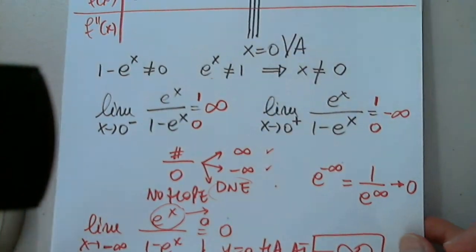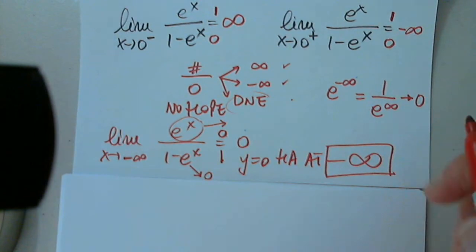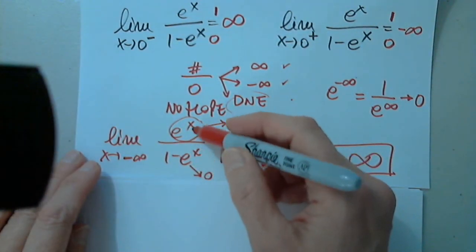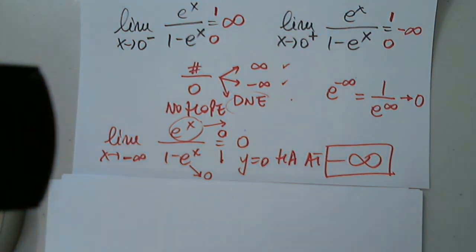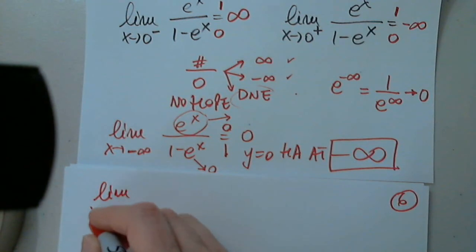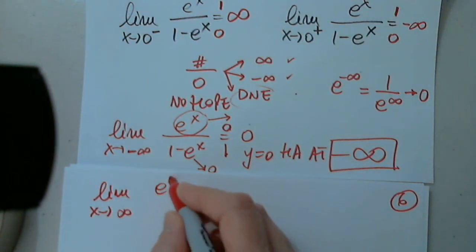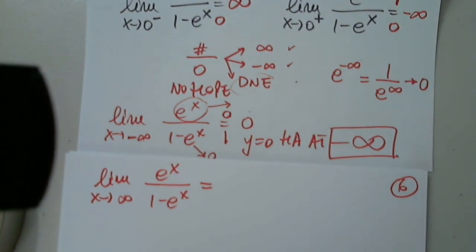Could it be at the other end? Let's see. This is not a pure irrational function, so we can never conclude. We have to test. Okay, so then limit as x approaches infinity of e to the x over 1 minus e to the x. Where is the numerator going?